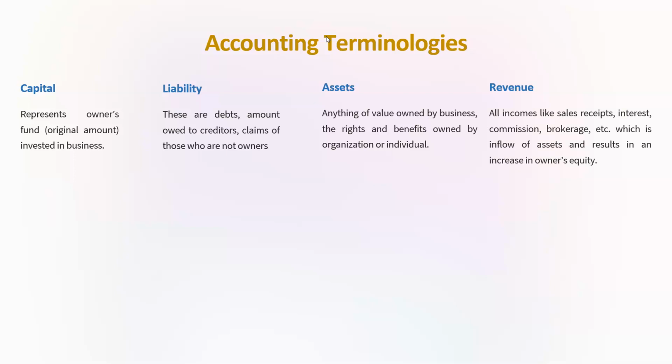Revenue is all the incomes, like sales receipts. Once you make the sale, you are going to make the profit. The company gets back the amount invested in selling that product. Interest accrued also comes under revenue, as does commission and brokerage.